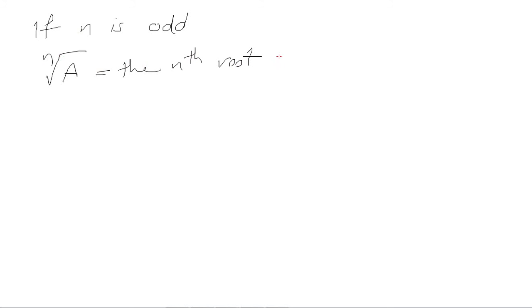Now, just like the cube root, which is an odd index, all real numbers have unique odd roots. So if n is odd, then radical index n of a is the unique nth root of a.